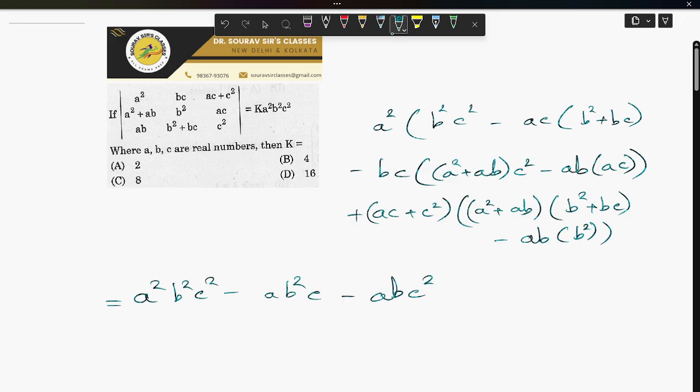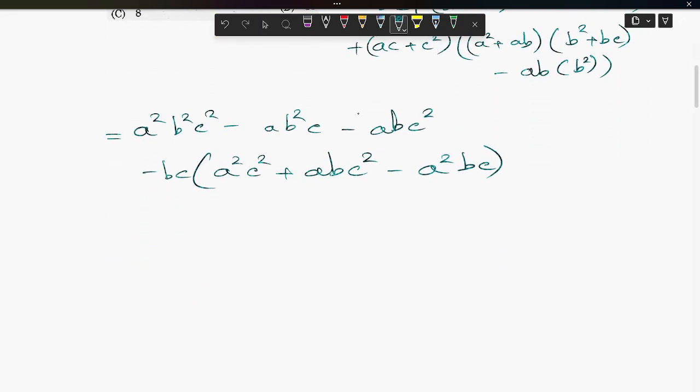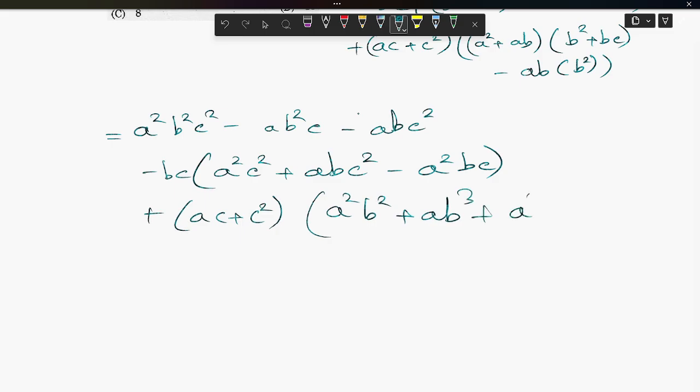And then we will get minus BC into, that will be A square C square plus AB square minus A square B. Finally, we get AC plus C square into, we will get A square B square plus AB cube plus A square C plus AB square C minus AB. So this thing and this thing will be cancelled out.